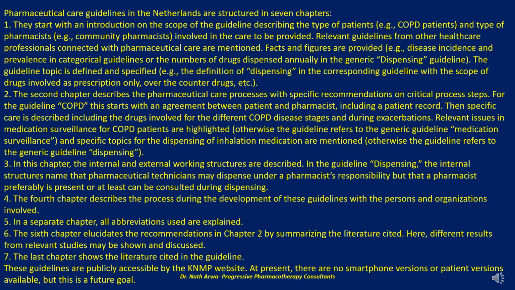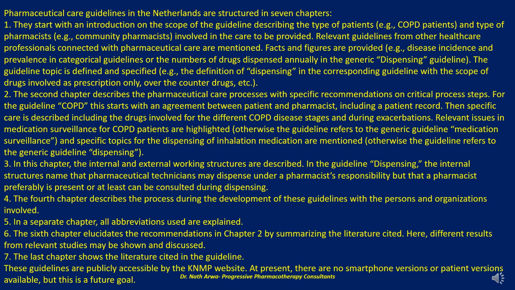Facts and figures are provided, e.g., disease incidence and prevalence in categorical guidelines, or the numbers of drugs dispensed annually in the generic dispensing guideline. The guideline topic is defined and specified, e.g., the definition of dispensing in the corresponding guideline with the scope of drugs involved as prescription only, over-the-counter drugs, etc.